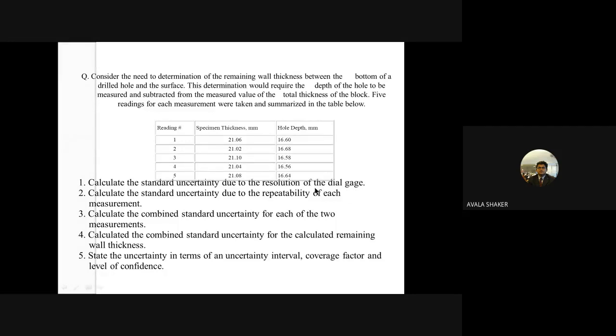The instrument has its own resolution and therefore there is an uncertainty in that. You'll have to calculate the standard uncertainty due to repeatability of each measurement, and the combined uncertainty in the 2 measurements. Obviously you'll have to give this combined standard uncertainty and the level of confidence which we have.